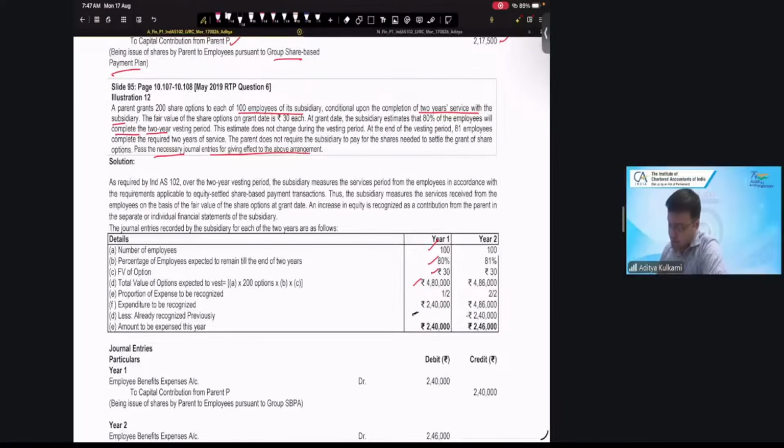Next, 100 employees, 81% complete the required 2 years of service. Fair value rupees 30, 486, 2 by 2, 486, 240, 246.